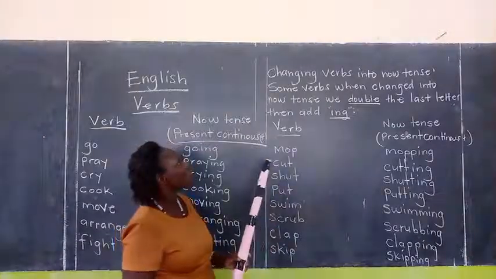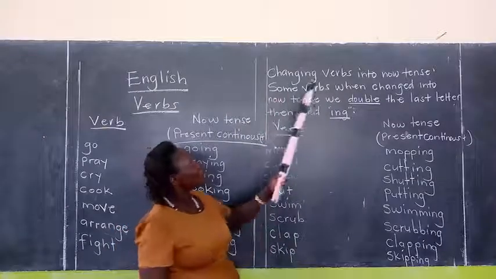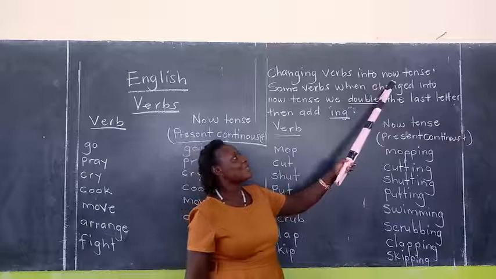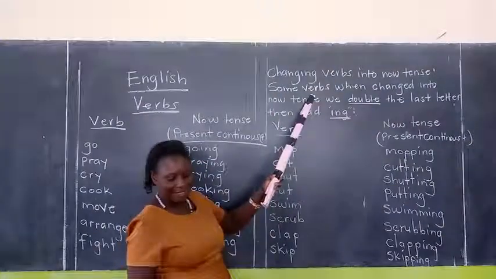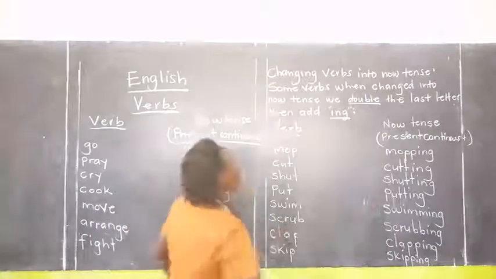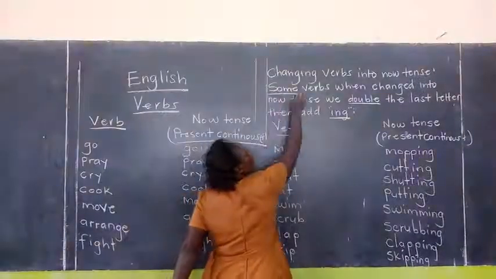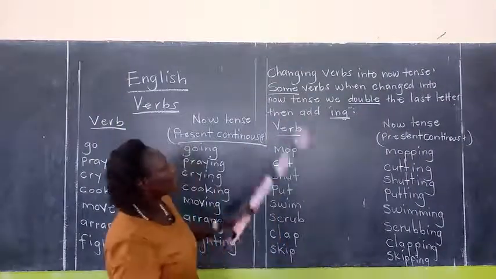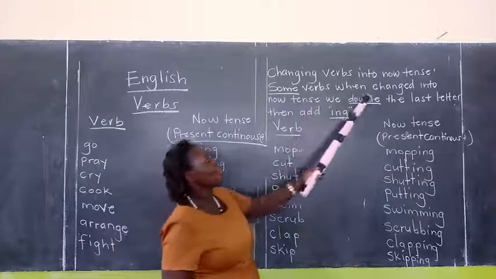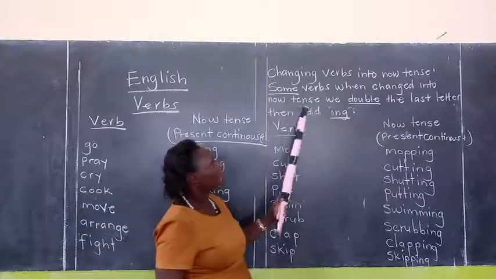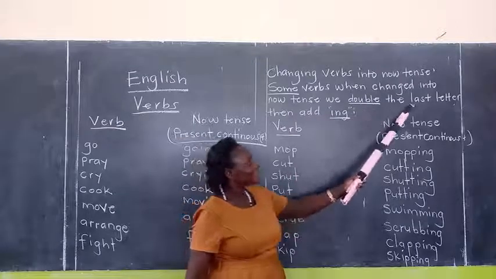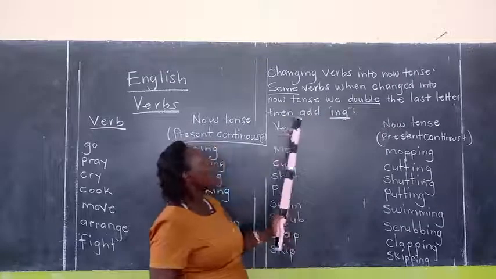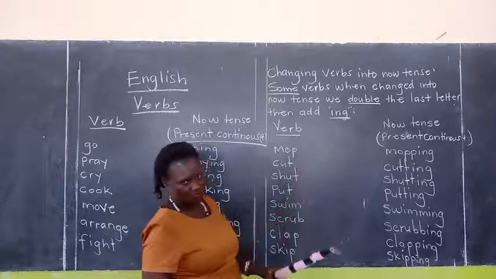So let us read it through. Changing verbs into now tense. Some verbs, this word some, not all. Some verbs, when changing into now tense, we double the last letter, then add ing.